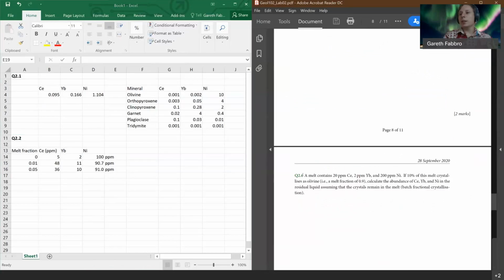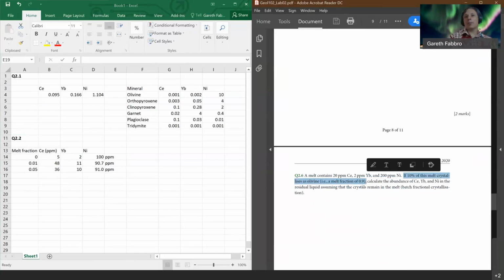So here, question 2.6, again, a different rock. Here now we're moving on to fractional crystallization. So here you have a melt with these concentrations. Then you crystallize 10% as olivine. So here your F, your melt fraction, is 0.9.